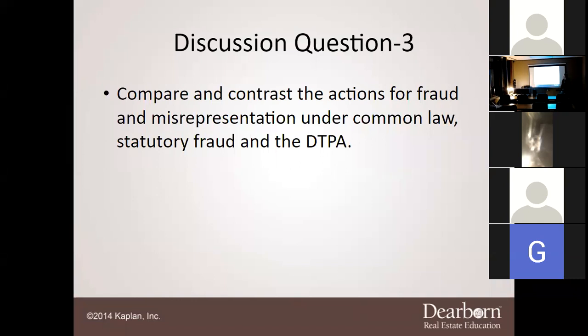Compare and contrast the actions for fraud and misrepresentation under common law, statutory fraud, and the DTPA.